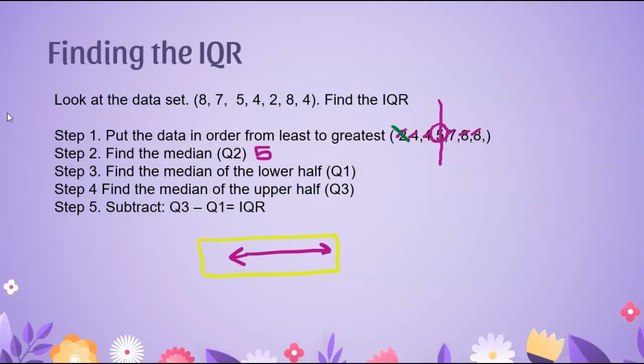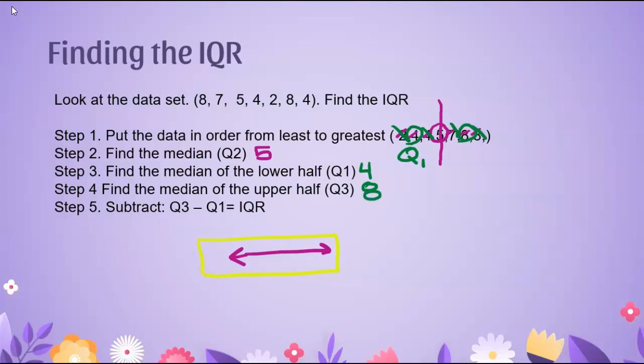I'm going to slash and slash, and you can see here that that's 4. That is our Q1. Our Q1 is 4. Now I'm going to slash the upper quartile. Slash, slash, and I have 8 left over. So our Q3 is 8.